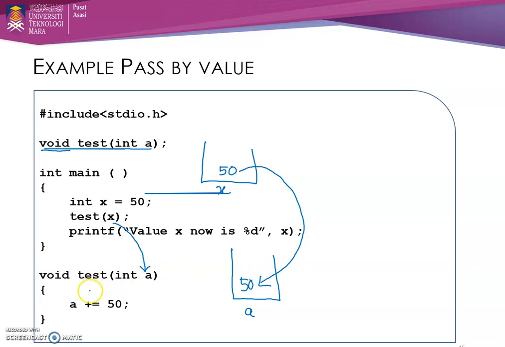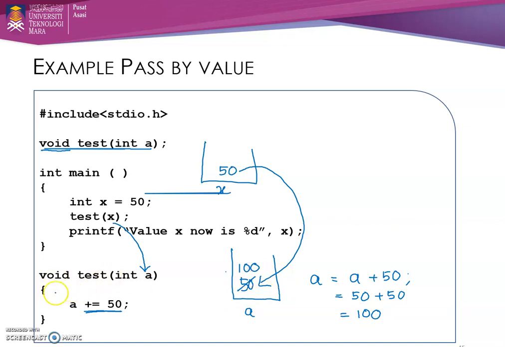If you go to the function body, you see there is a new process where a += 50. It means that a equals a plus 50. So there is a new value being assigned to a. The current value of a now is 100.